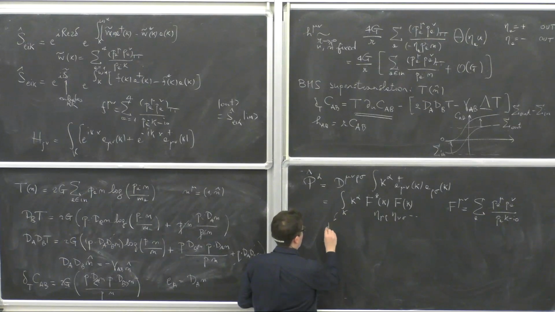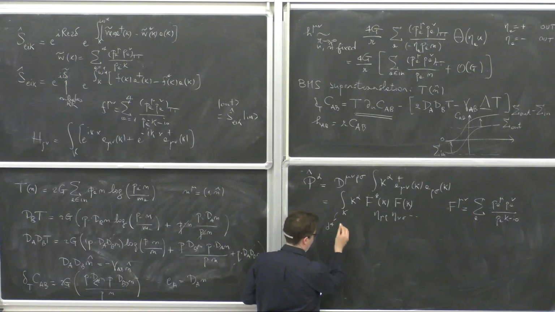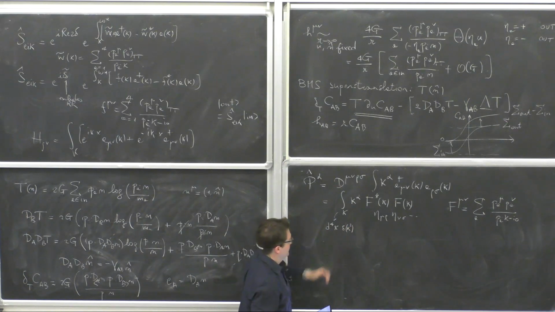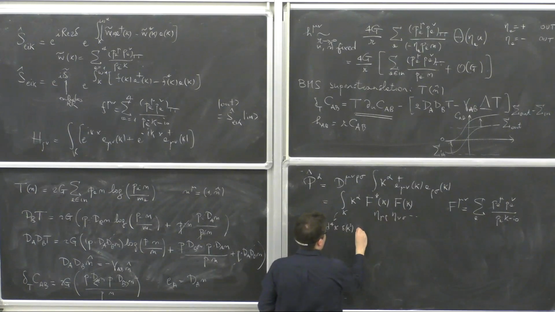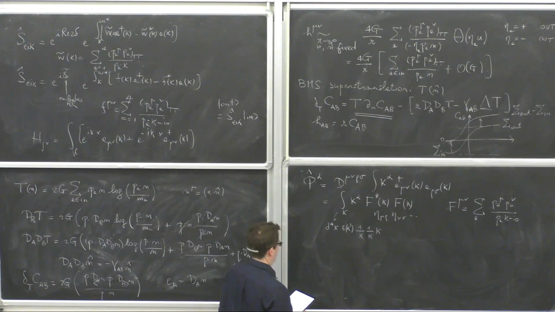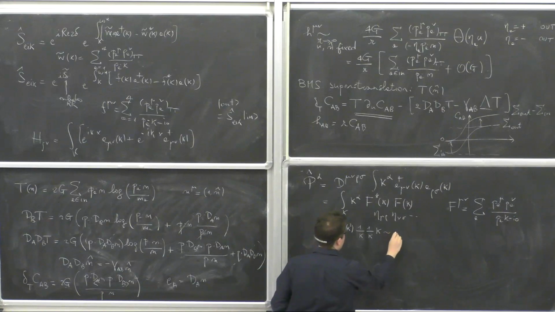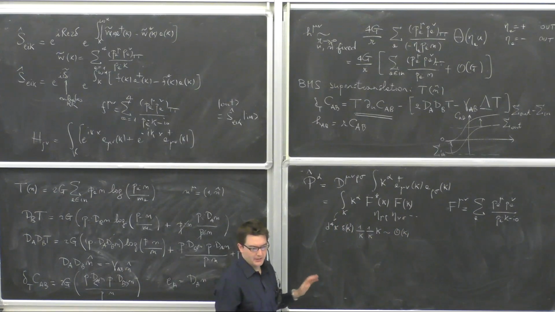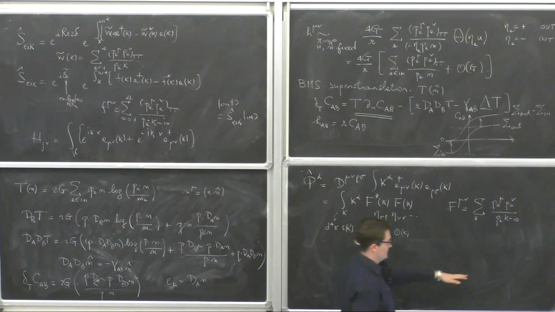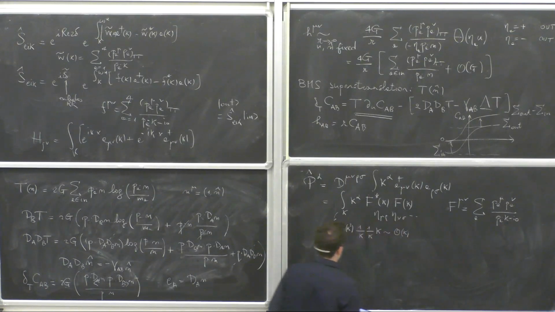So from the measure in 4 minus 2 epsilon, but actually let me do it in 4 since it doesn't give a difference. This is the measure, right? And each of these guys goes like 1 over k. So let me literally write 1 over k. It would be 1 over omega, right? And then we have another k from here. So as you can see, overall this is like order k. So it doesn't really matter what happens for k small. This just vanishes. Whether or not you put this i epsilon is completely irrelevant.